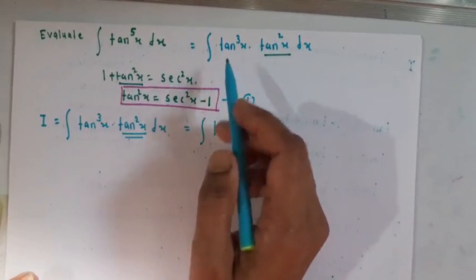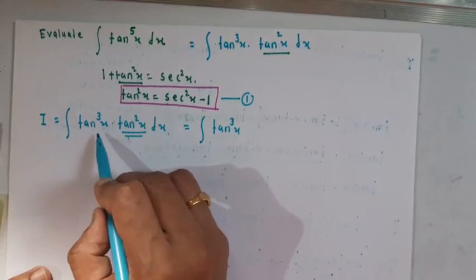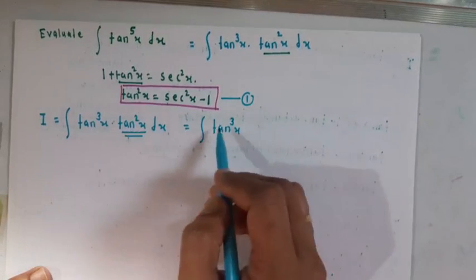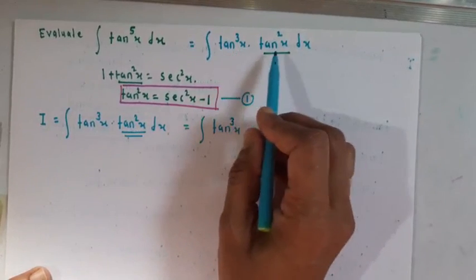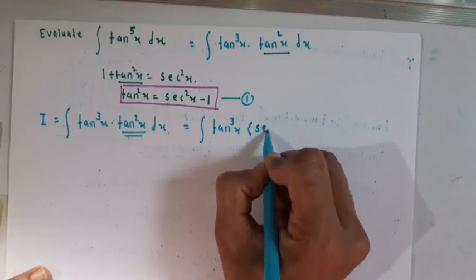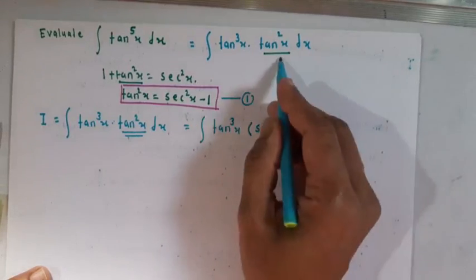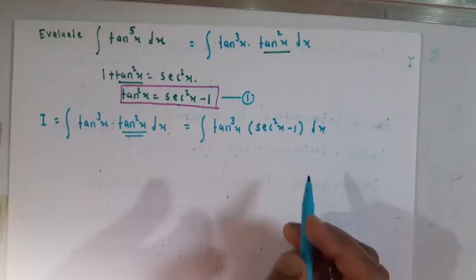Now our integration I equals the integral of tan cube x into tan square x dx, which equals tan cube of x into sec square of x minus 1. Put the value of tan square x from 1.